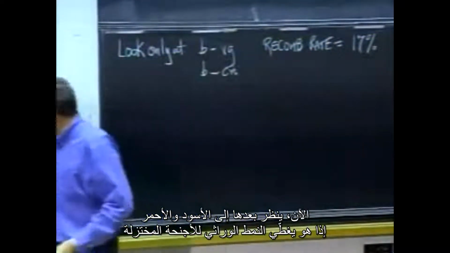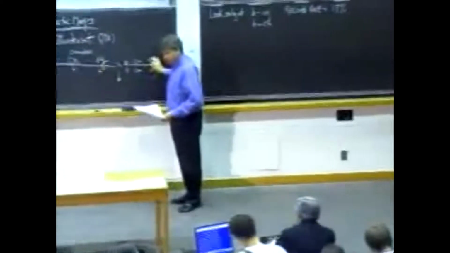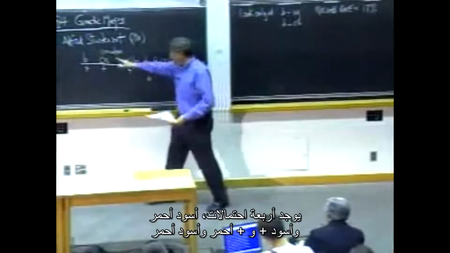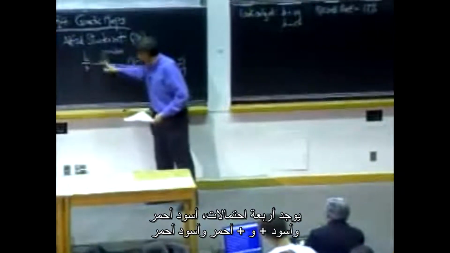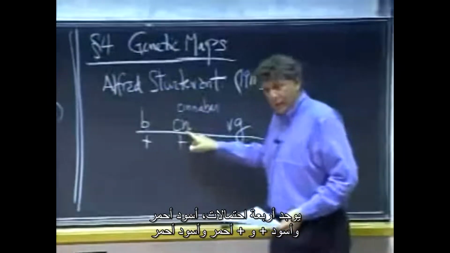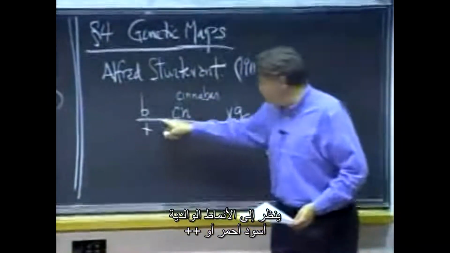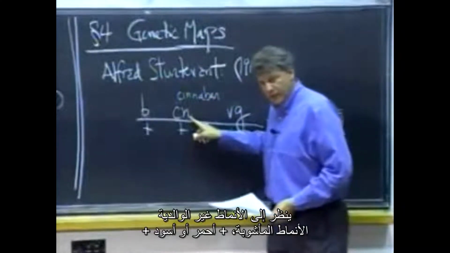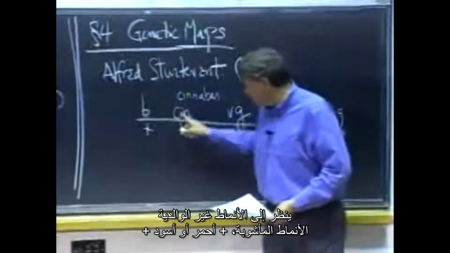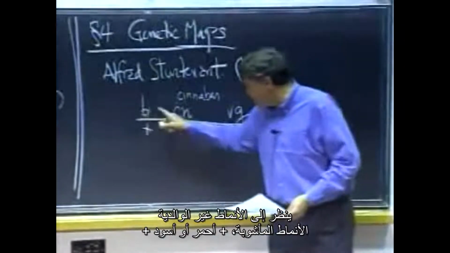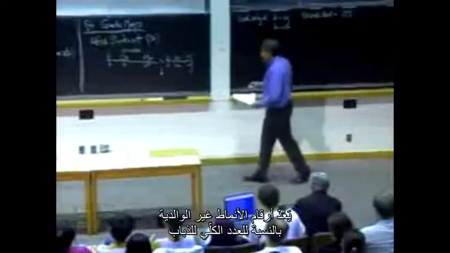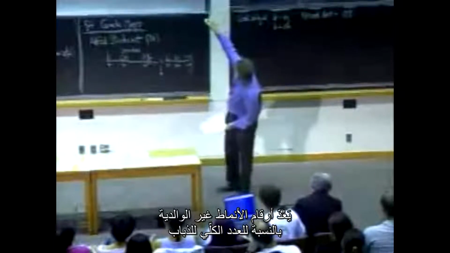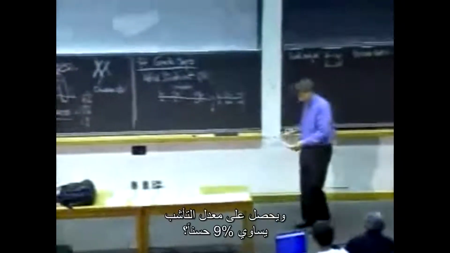So he just covers up the genotype at vestigial. He looks at the parental types, black cinnabar or plus plus. He looks at the non-parental types, the recombinant types, plus cinnabar, or black plus. He counts up the number of non-parental types to the total number of flies, and he gets a recombination rate of 9%.